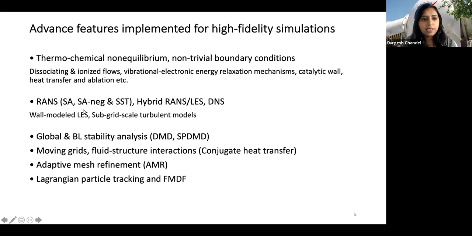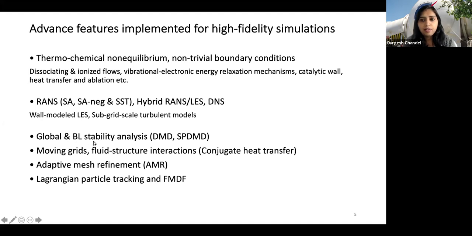The RANS turbulence models, I am mentioning only a few of them here, but as the code has advanced, it has almost all the available turbulence models in the literature.